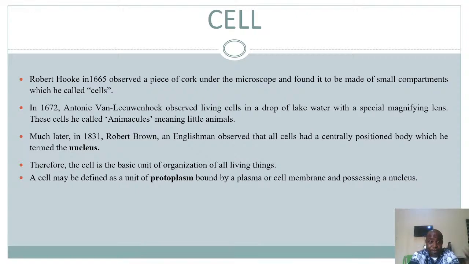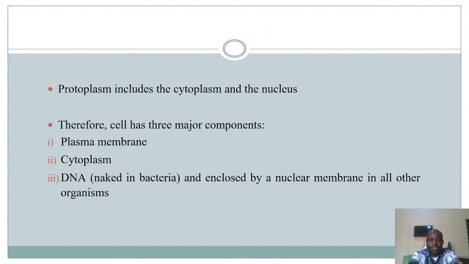We say it is a basic unit of the organization of life or living things, and in terms of definition, it is a unit of protoplasm which is bound by a plasma membrane or a cell membrane and possesses a nucleus. You can now see that this protoplasm includes what we call the cytoplasm and the nucleus. That protoplasm is made up of the cytoplasm and the nucleus inside, and it is bound by a plasma membrane.